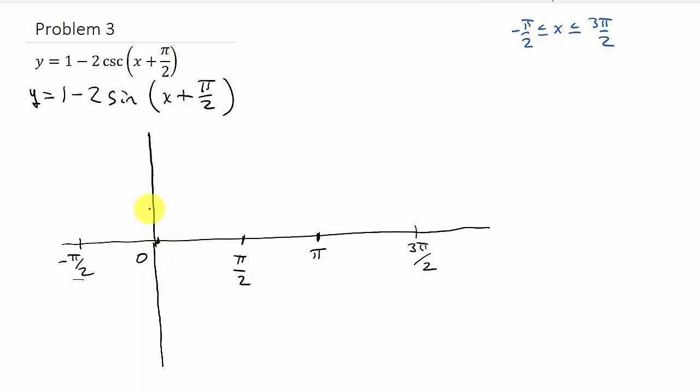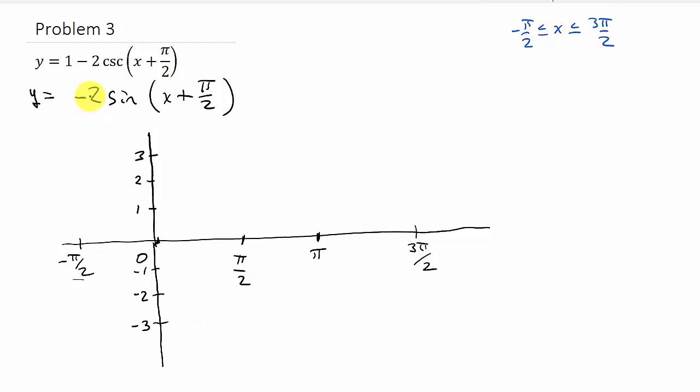So let's put 1, 2, 3, and negative 1, negative 2, negative 3. Now, you see the 1 here? Don't even worry about it for right now. Let's just erase the 1 and pretend it's not even there.